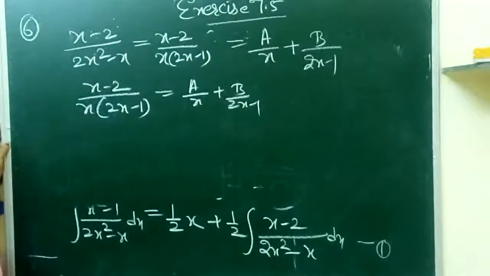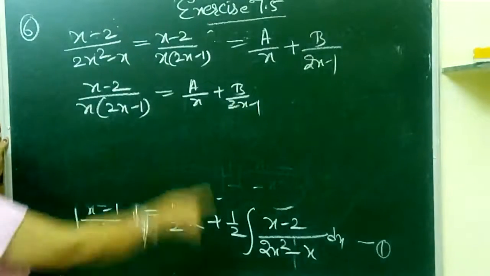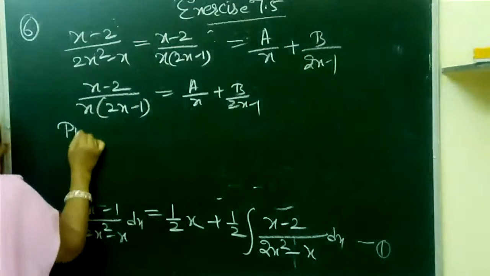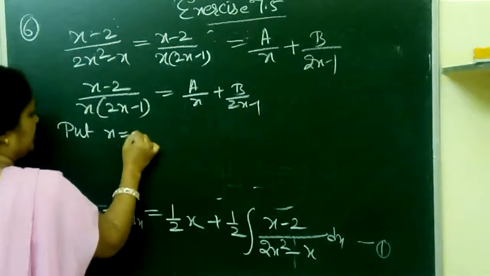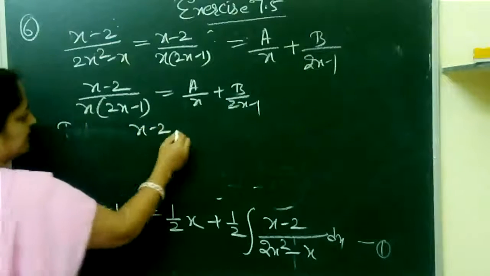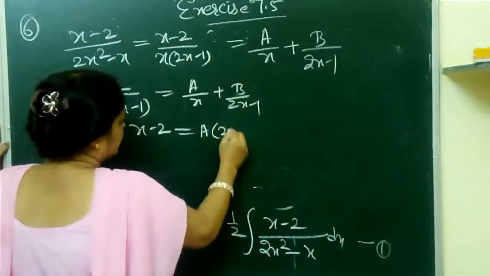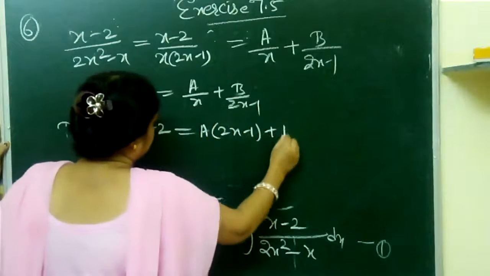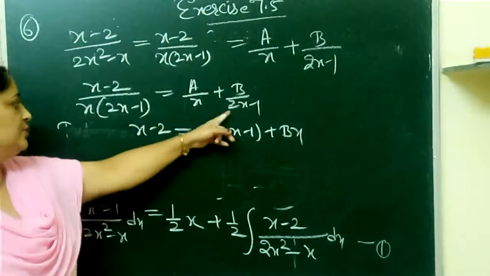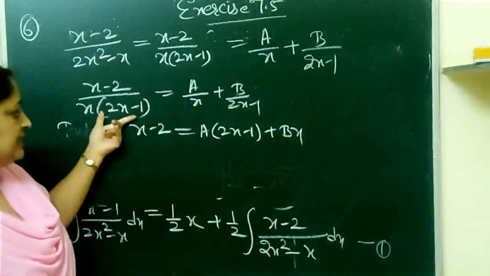Now our target is to find the values of a and b. How will we find the value of a? By putting x equal to 0. First, taking the LCM of this step, x minus 2 equals a(2x minus 1) plus bx, and in the denominator it will be x(2x minus 1), which cancels with this.